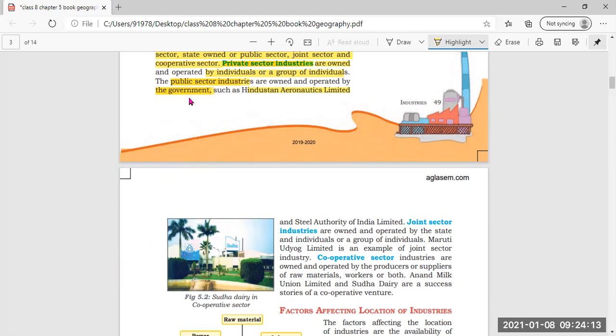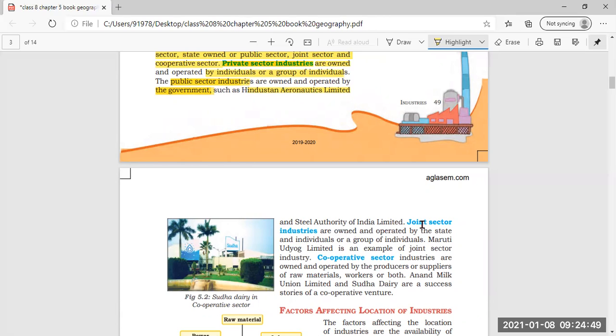These are examples of public sector industry, which is owned, operated and taken care of by the government, and that is why it is called public sector. It is for all. And private sector is owned by a group of individuals or a particular individual, as the name indicates, private. That particular industry belongs to a particular individual only, or the group of individuals who had started that industry.